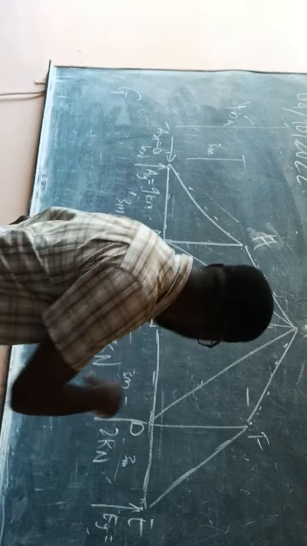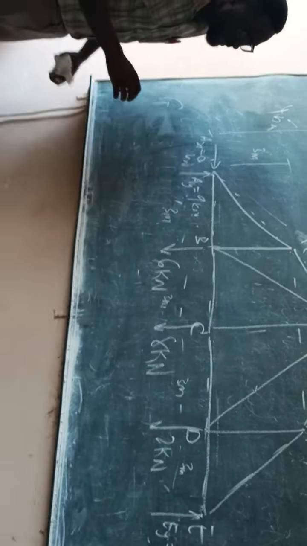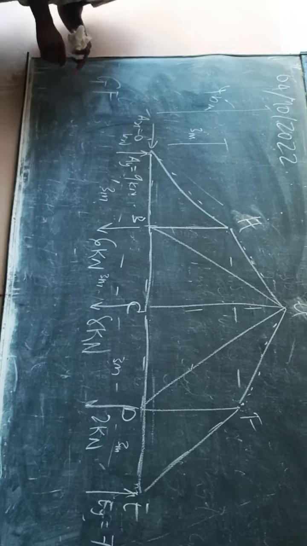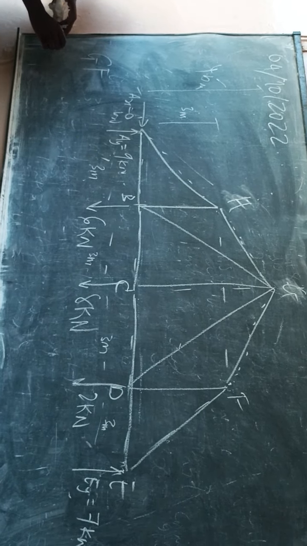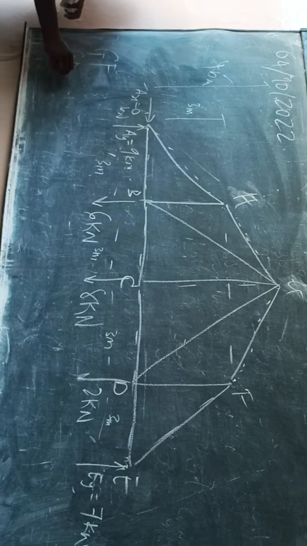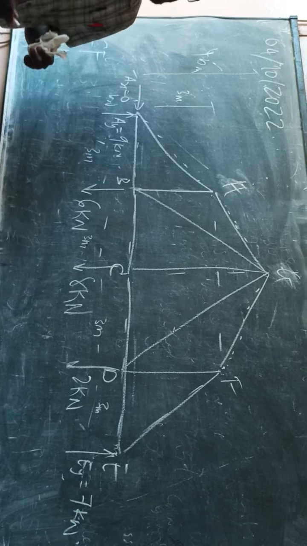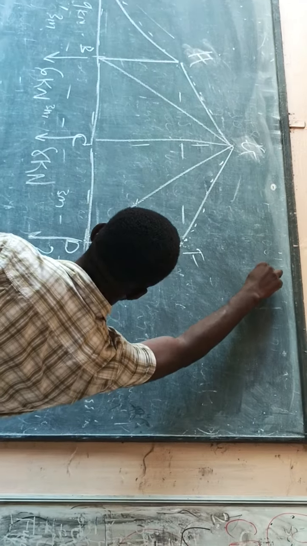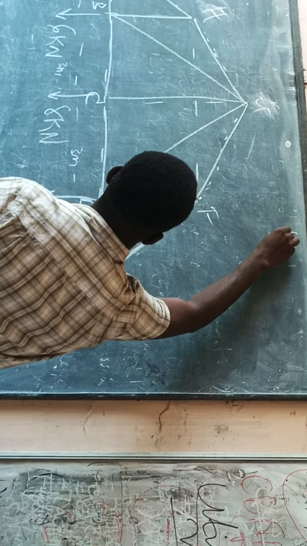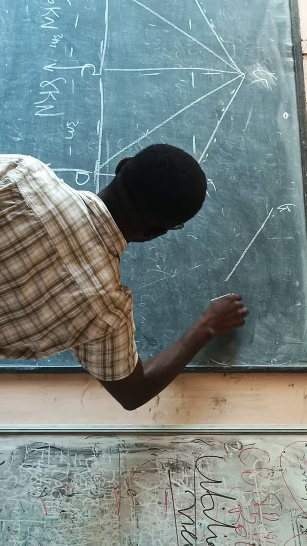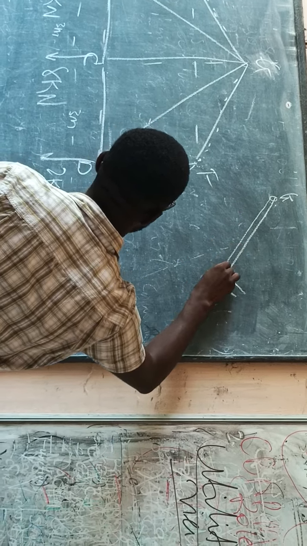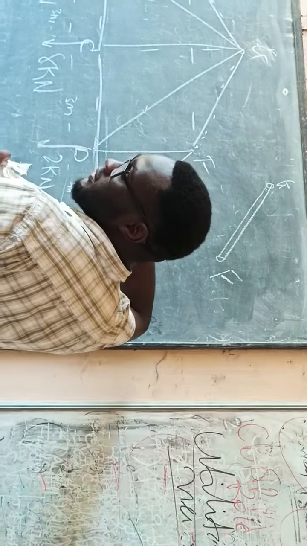So you identify your sections, which are G and F. Eventually, why they call it the section method is because if you look at your diagrams, for example, if I look at this, this is G and this is F. Your diagram, if you notice, they are more like rods.